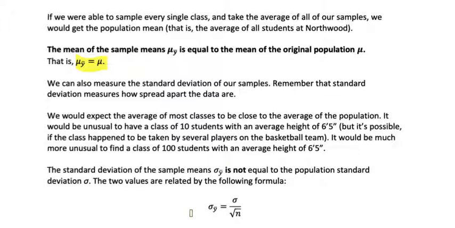And that gives us this formula for standard deviation. The standard deviation of a sample is the standard deviation of the population divided by the square root of the sample size. The n, I don't think it's written on here, but n is the sample size or the number of people that you are sampling.